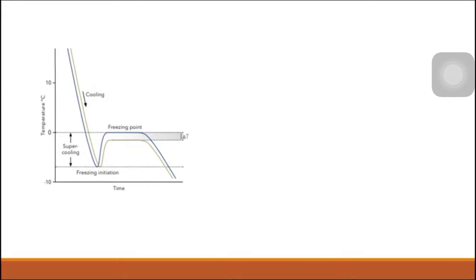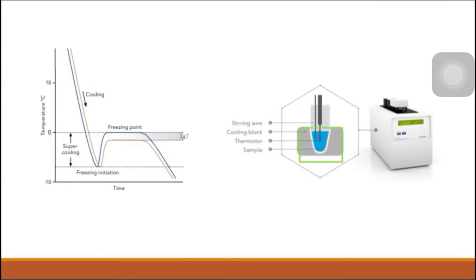This plateau marks the true freezing point of the sample. During the whole process, the temperature of the solution is measured by a high-precision thermistor. Remember, this thermistor is temperature sensitive.